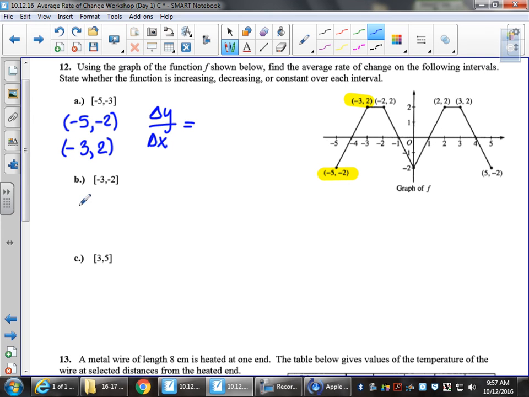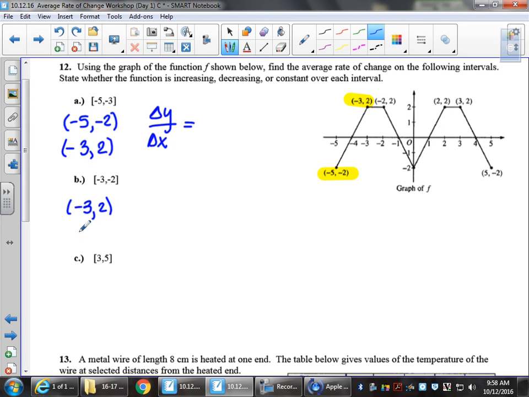So an example for B, I ask myself the same question. When x is -3, where's y? Still at 2, good. So I have -3, 2. Don't fall into that trap. This is another x value here. So when x is -3, y is 2.